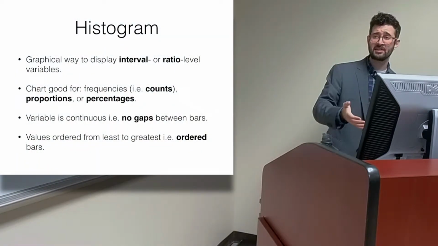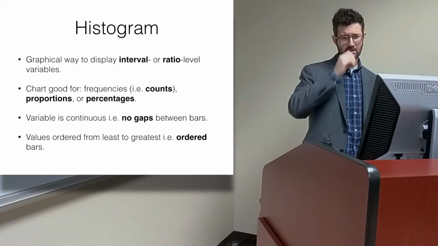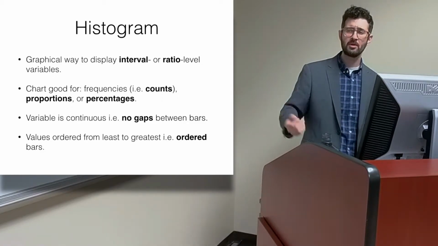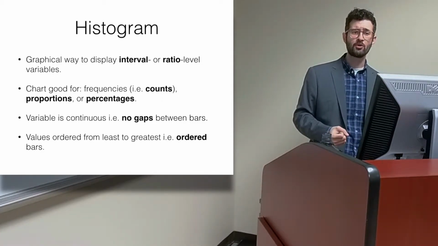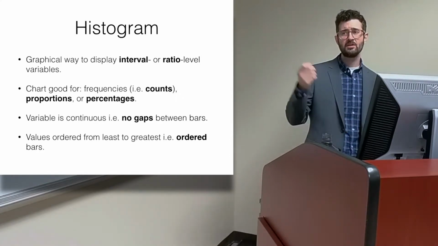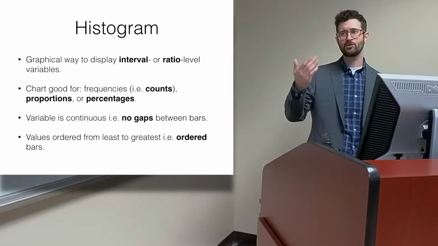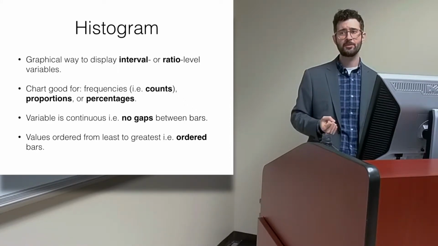Now, the next statistic that we're going to talk about today is the histogram. The histogram is a visual tool for summarizing responses. It is something that you use when your data are of the interval or ratio level type.